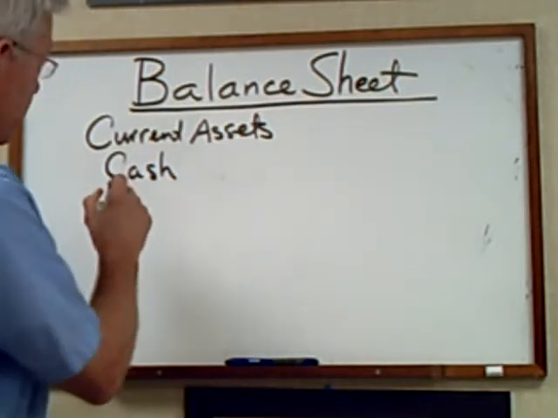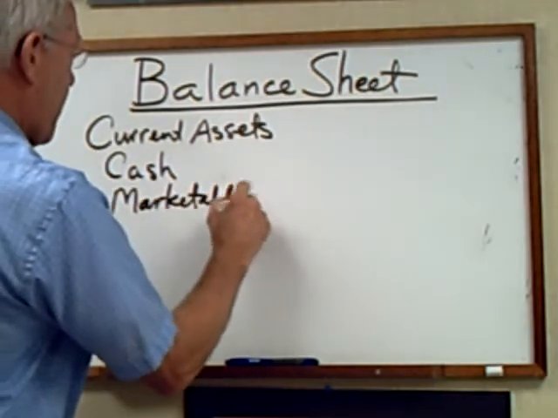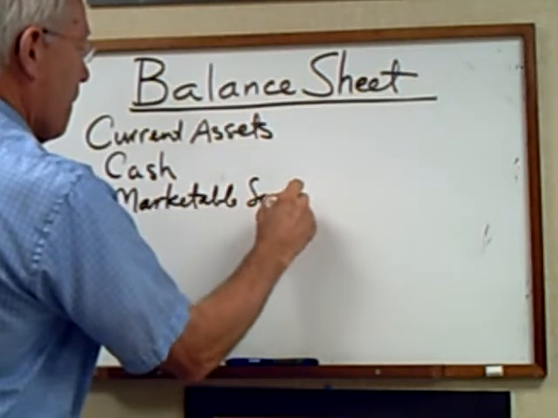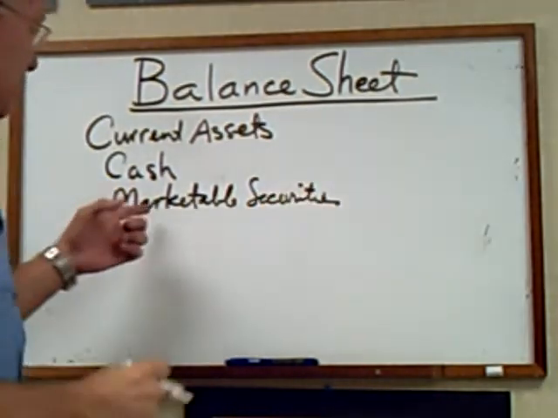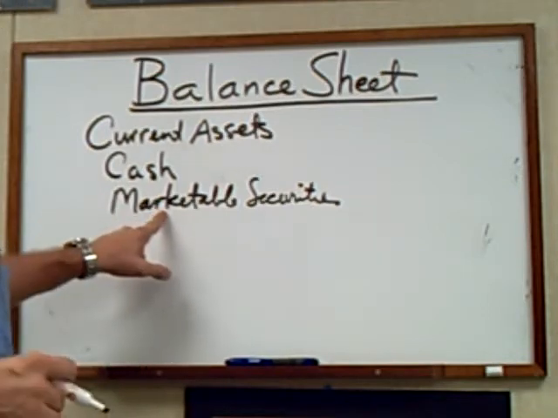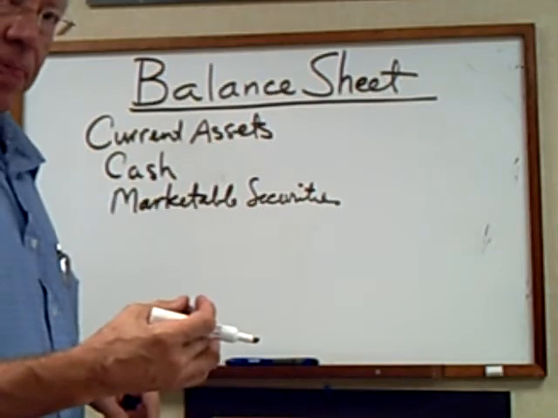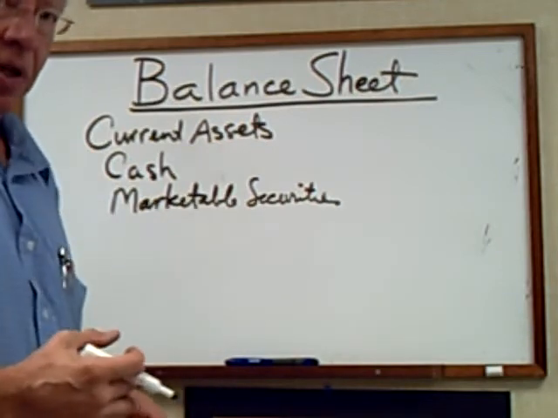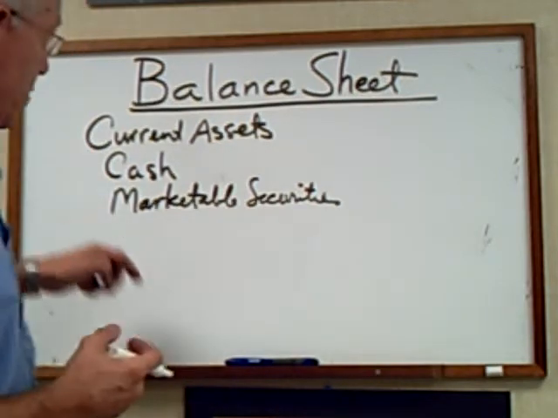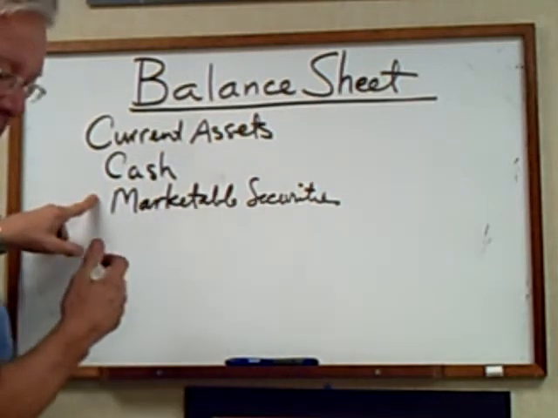Next is marketable securities. Sometimes firms who have extra cash will put it in, say, a money market mutual fund or some other very liquid account that might give them a little bit of an investment advantage. So marketable securities is the second liquidable asset.